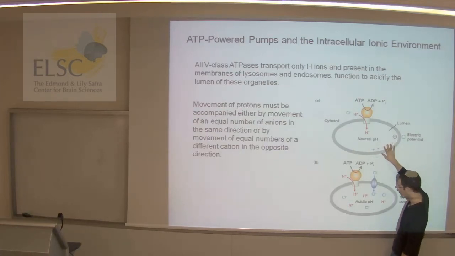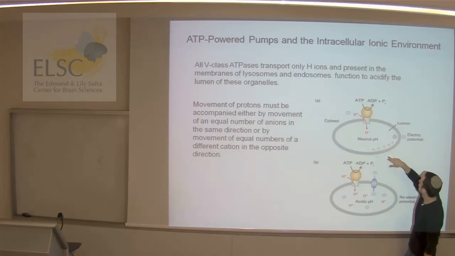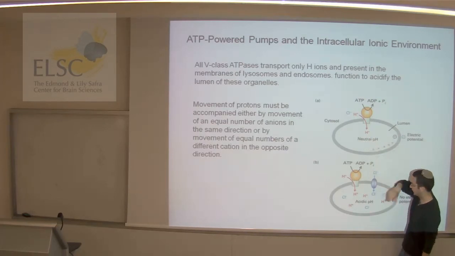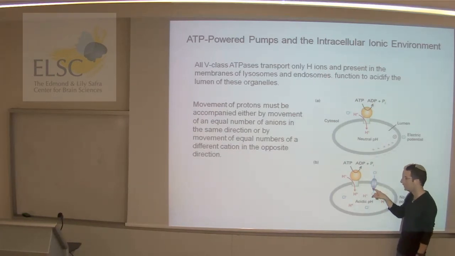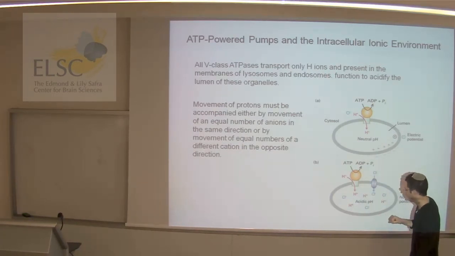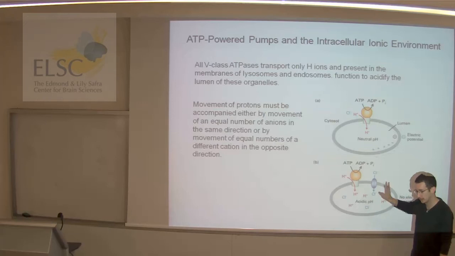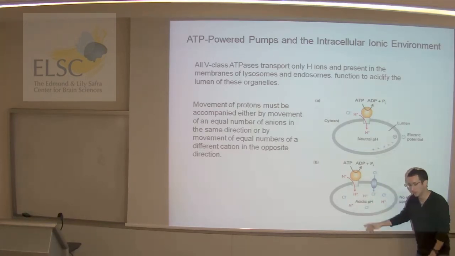So this part is understood. And then this gradient opposes any additional transport of protons inside the endosome, and so you have to neutralize it somehow, and the most common way would be to allow the entrance of chloride into the endosome, which will allow additional protons to enter the endosome, and for its lumen to acidify sufficiently.